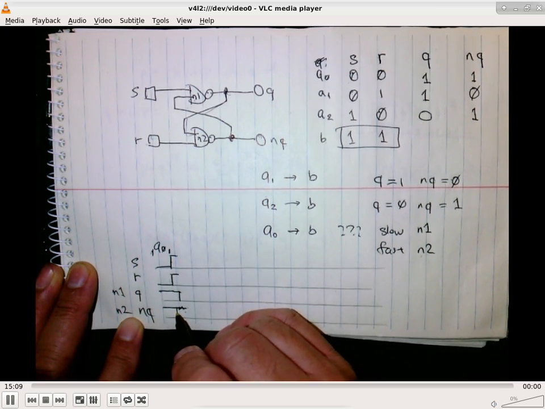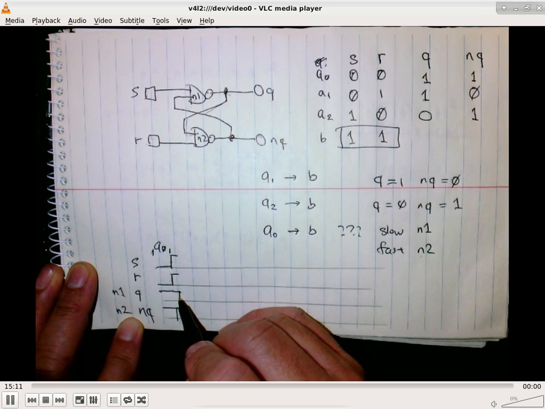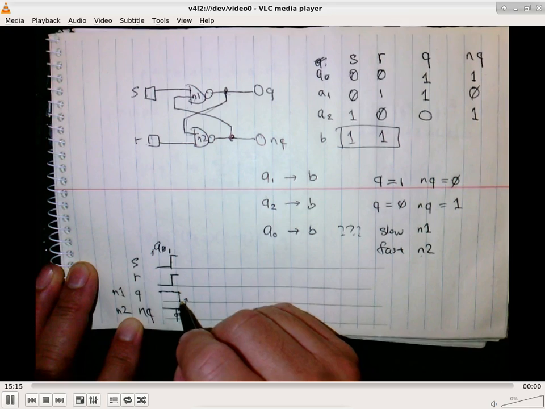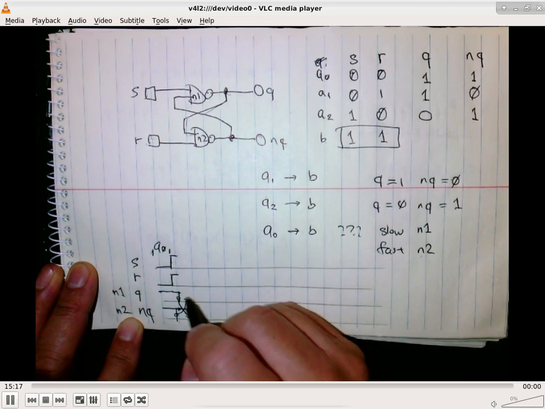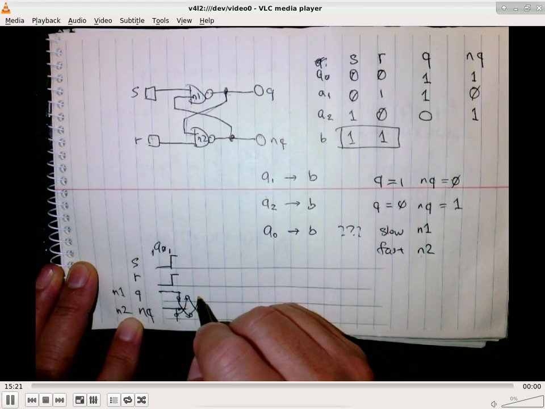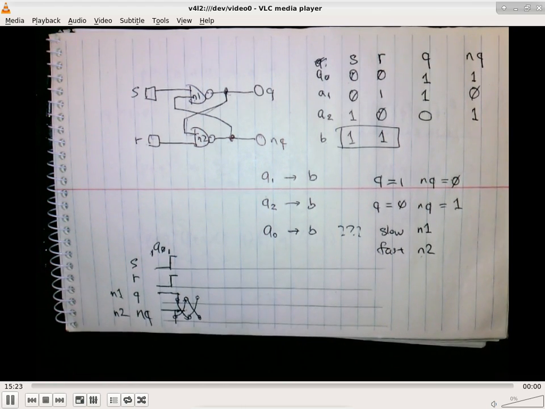When this changes, and this one is responding slower, this change is going to trigger a change here. This change is going to trigger a change here, which they basically just leapfrog each other. So they will actually oscillate. Is that okay?